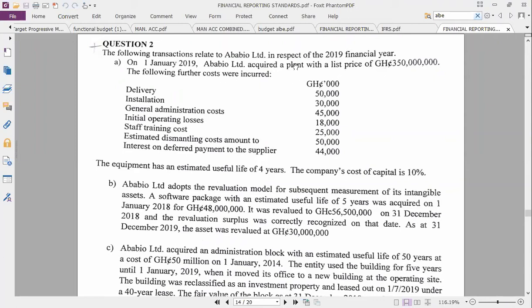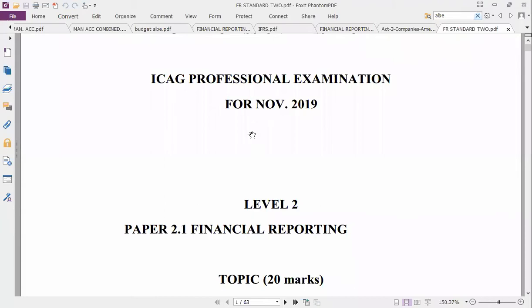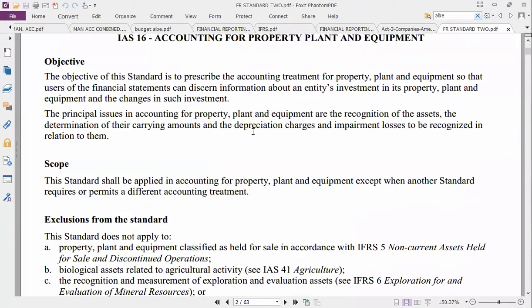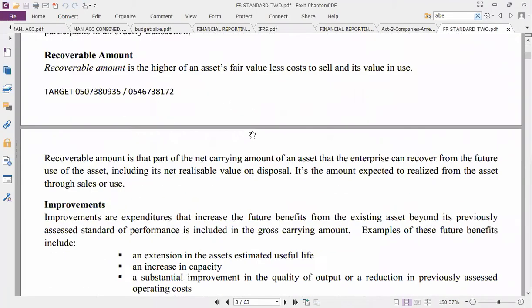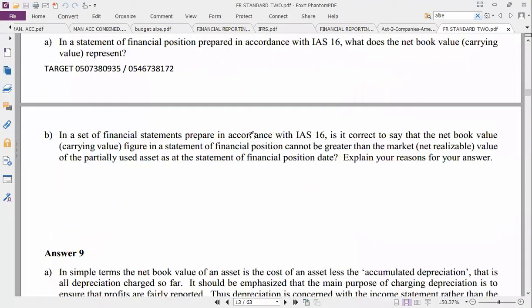The following further costs were incurred. So this one will be part of the cost. Okay, this will be part of the cost. Great. Now the question normally is moved from here.